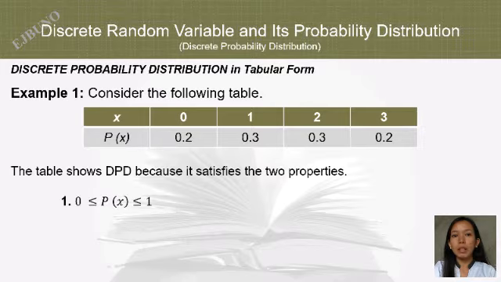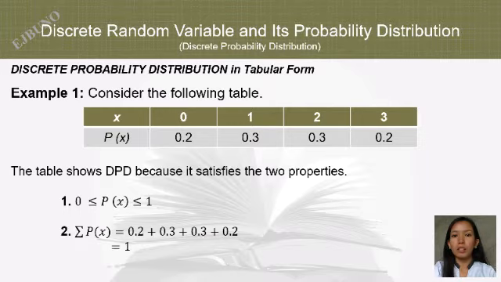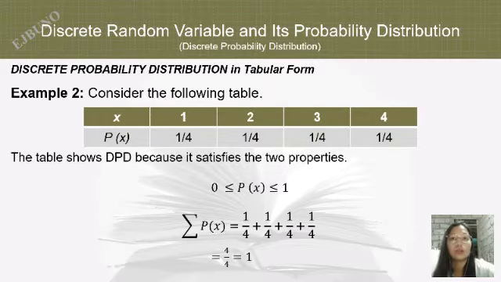First, the probability of each value is between 0 and 1. Second, the sum of the probabilities 0.2, 0.3, 0.3, and 0.2 is equal to 1.